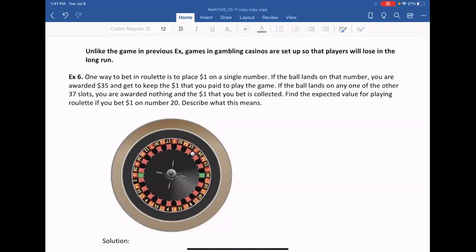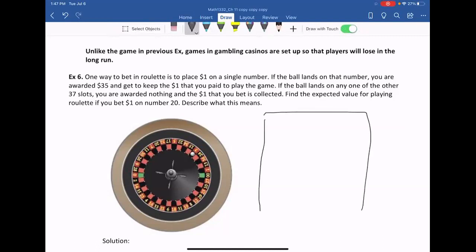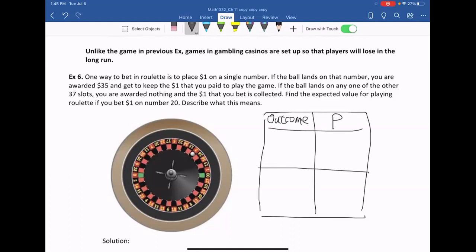Describe what this means. So it's looking for the expected value. I will draw a table to show the outcomes and the probabilities. Actually, we have only two outcomes. One is you win, one is you lose.